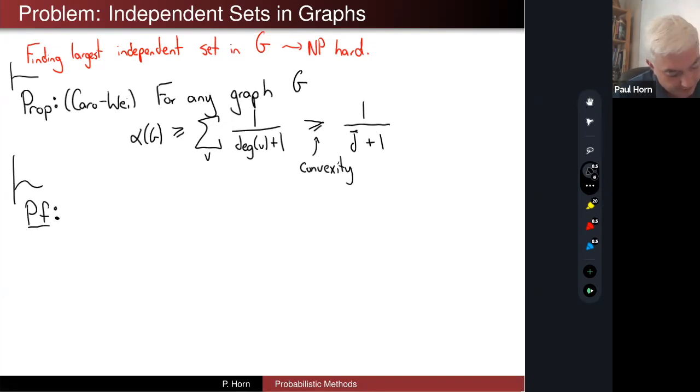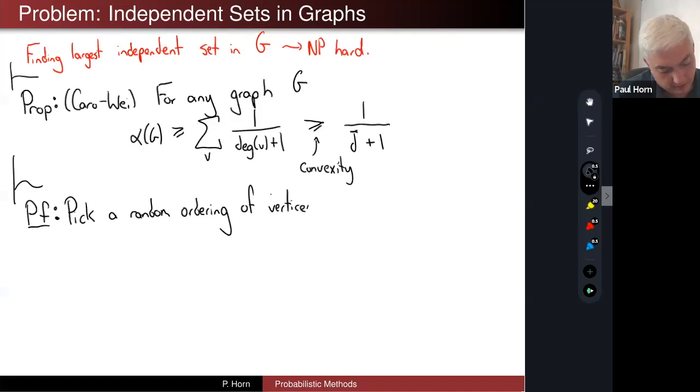So I'm going to pick a random ordering of my vertices. I'm going to order my vertices as V1, V2 through Vn. I'm just going to pick the order uniformly at random. There are n factorial possible orderings. I just pick one.